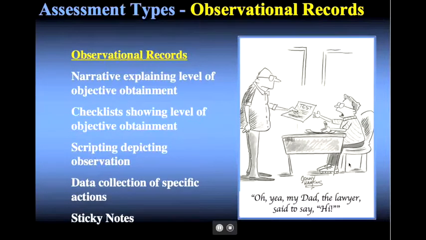Then there are observational records, that is, narratives explaining how the kid went about obtaining the objective, following checklists showing levels of attainment, scripting what we saw happening, collecting certain data on specific types of tests, and even teaching by sticky notes.